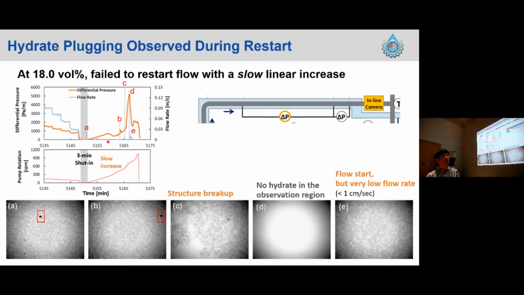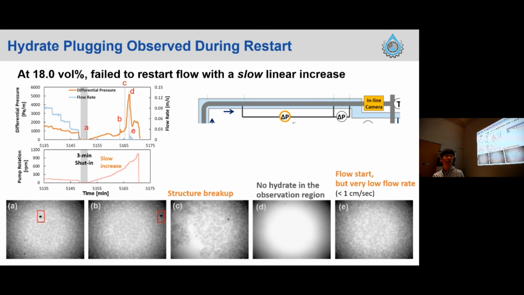The orange line indicates the pressure drop in this horizontal section, and these 5 photos were taken at these 5 periods. In the period from A to B, the hydrate slurry was in a gel state. The slurry moved slightly, but the arrangement of particles was kept during this period.